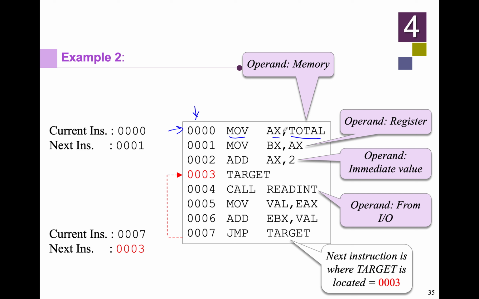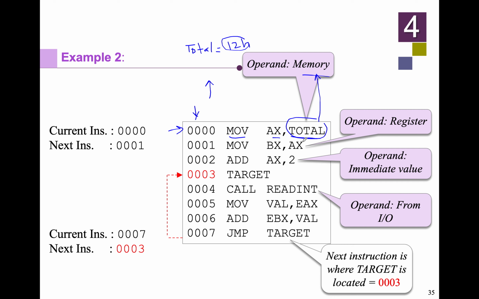This total is basically something you already declared at the top. Normally you will have total equal to, let's say, 12H. So this total value will be stored in your memory. So you're going to store it into memory, and this is the type of your operand: memory.